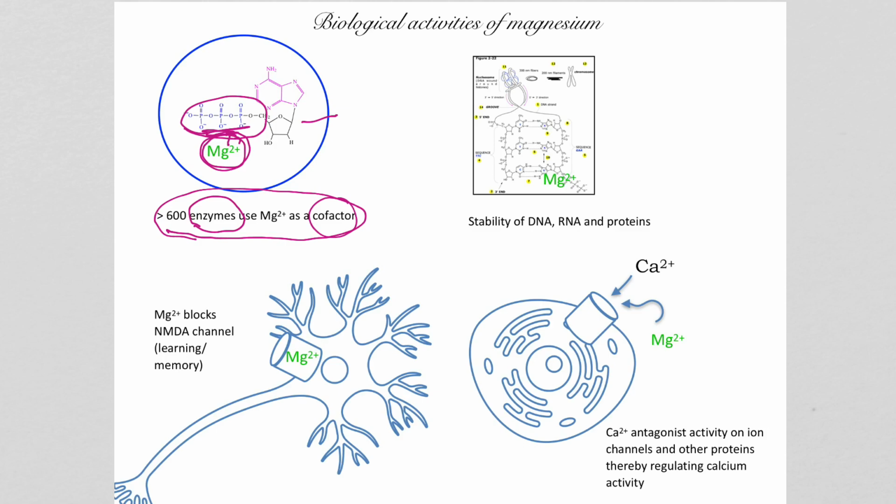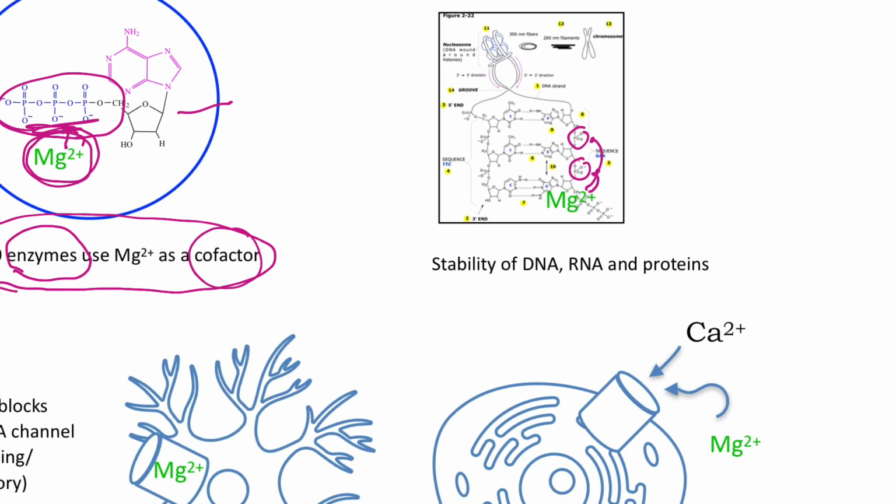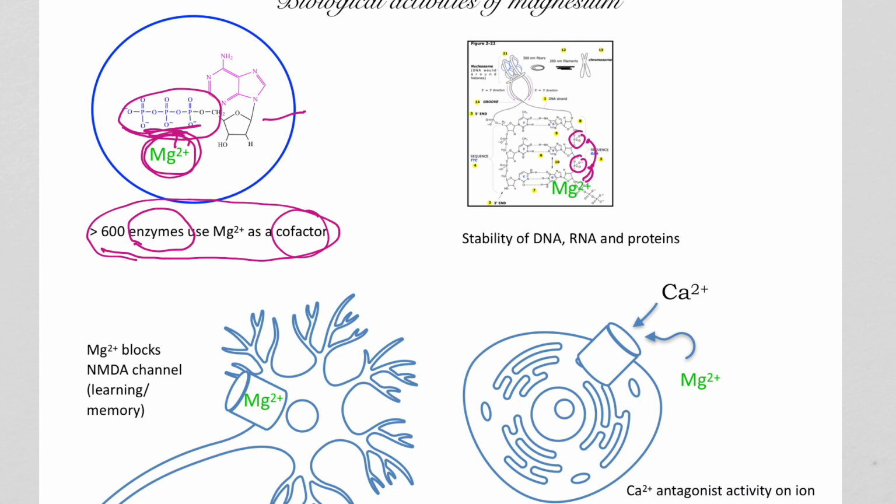In a similar fashion, DNA has a lot of phosphates, so not surprisingly magnesium helps stabilize and give you the three-dimensional structure of DNA, RNA, as well as of proteins. Because of these two positive charges, it interacts with the negative charges on phosphates and other groups and gives you a nice stable structure.